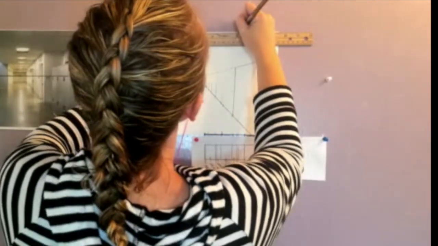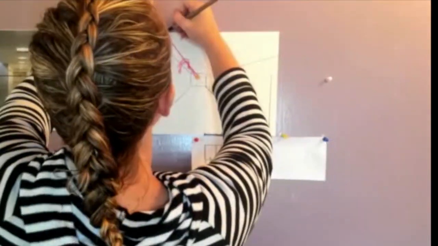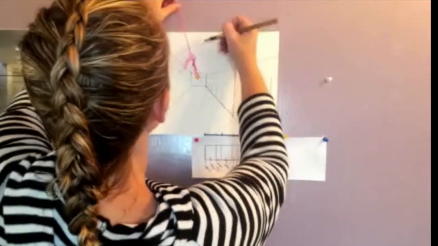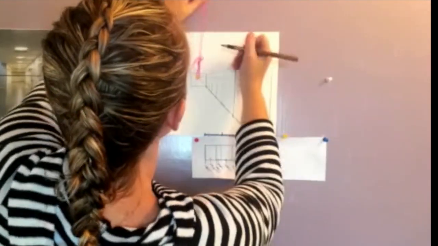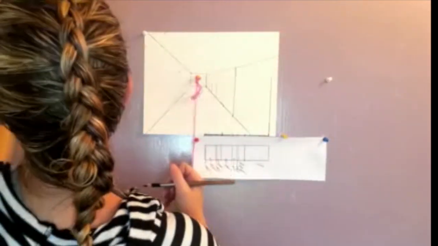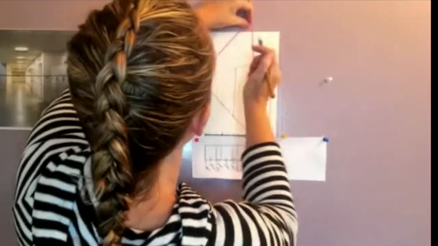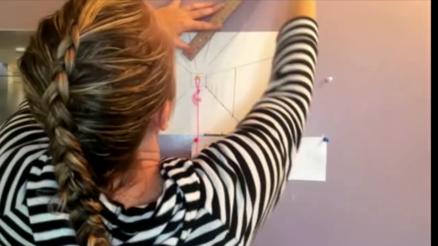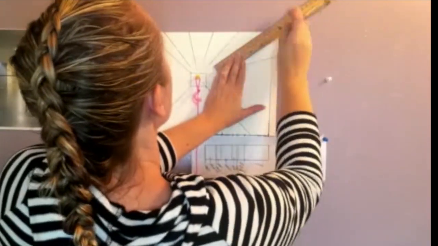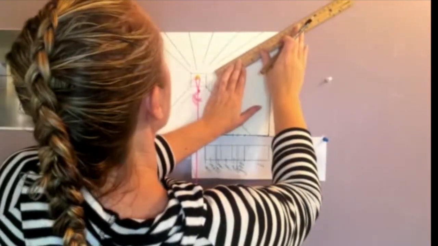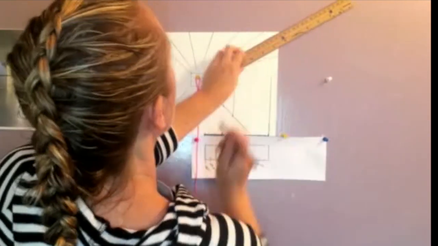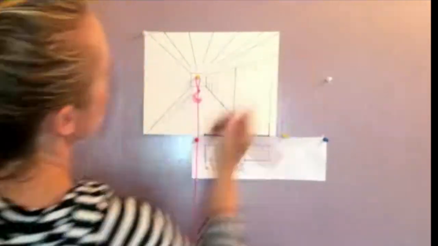And make sure these are all even except for the two ends. And then draw to the central vanishing point. I'm darkening the lines so that it's visible to you all.